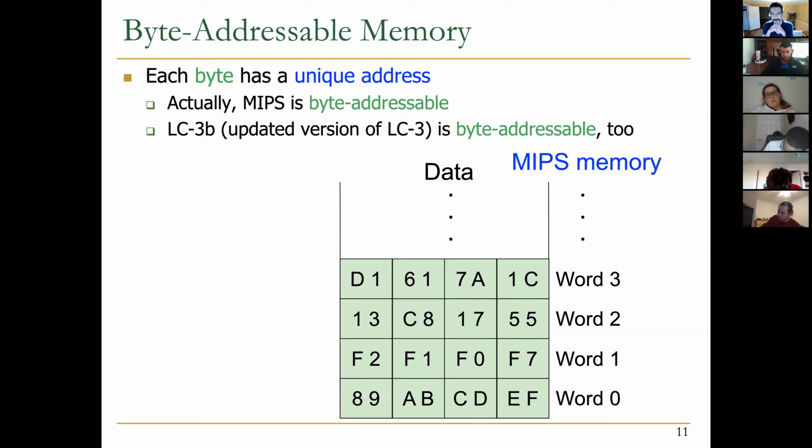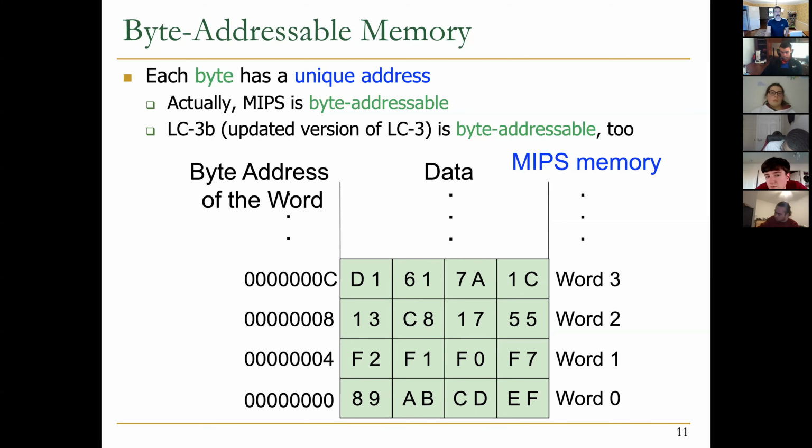Here you see that at each row you see 32 bits, right? So the addresses that you see on the left-hand side point to the particular byte address in the memory. In the first row, you already have 4 bytes, right?